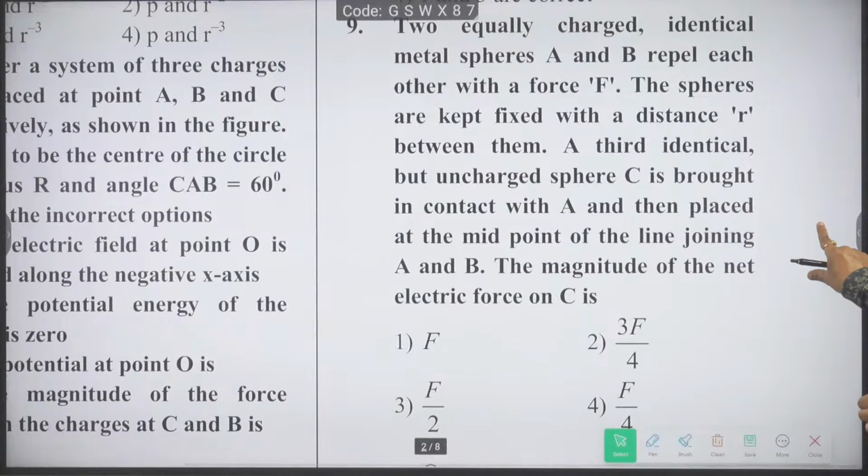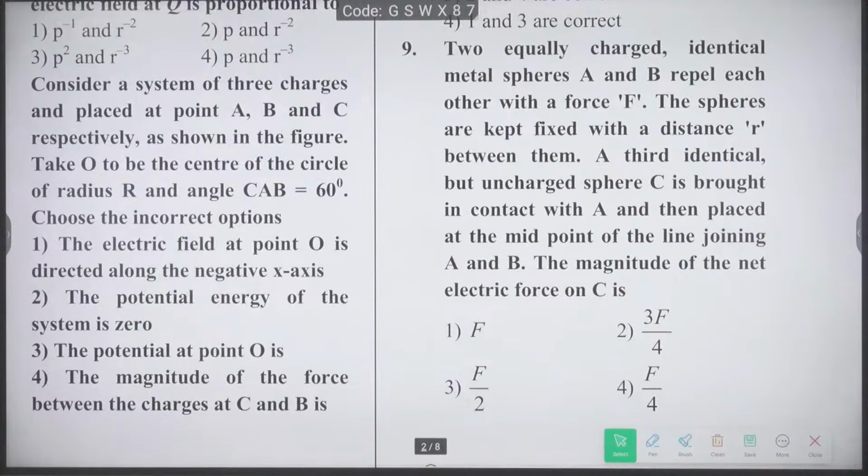Question number 9. I think it was asked in JEE Mains also. This is a JEE Mains PYQ. Solve question number 9.